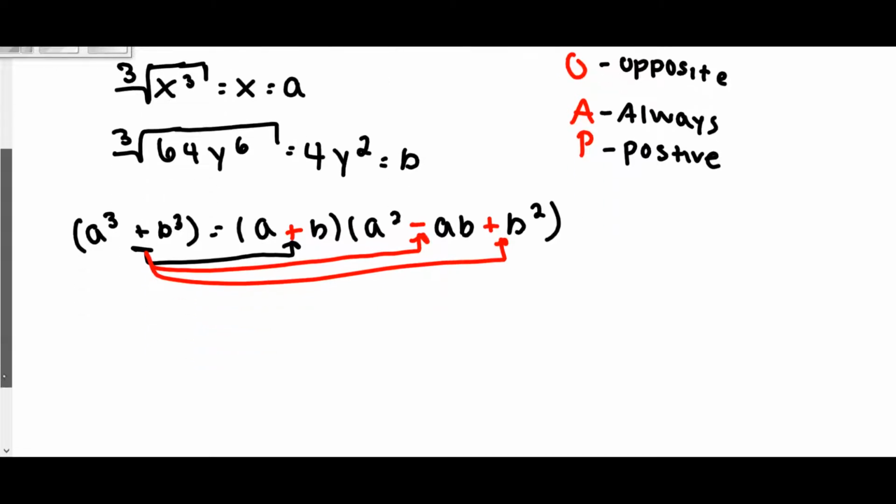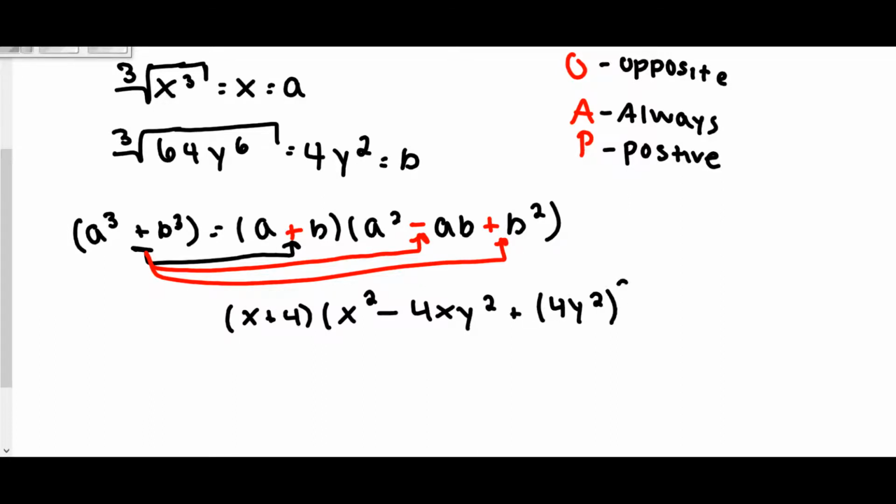So all we're going to do is take our a term and our b term and just plug it into this. So a is x, so x plus 4y squared times x squared minus 4xy squared plus 4y squared, all squared.